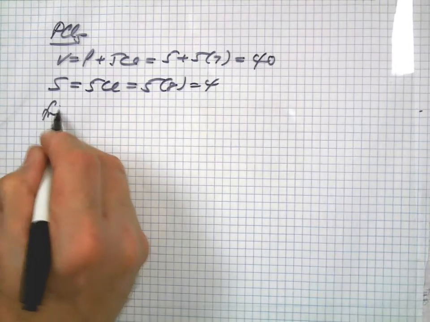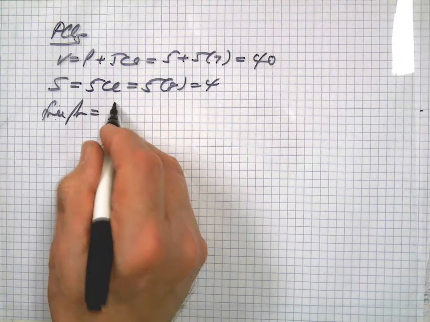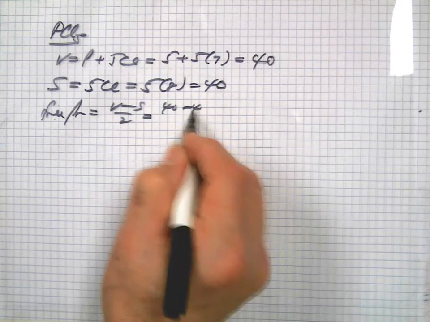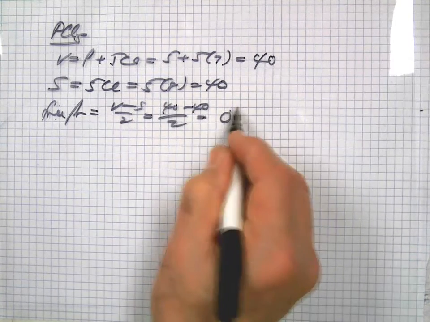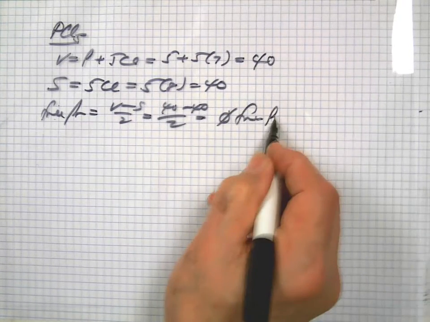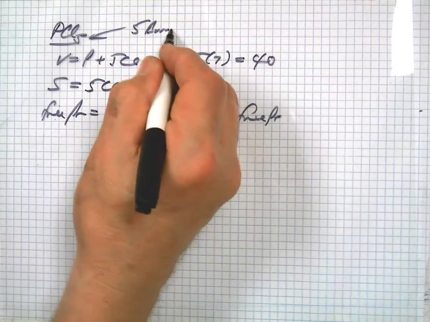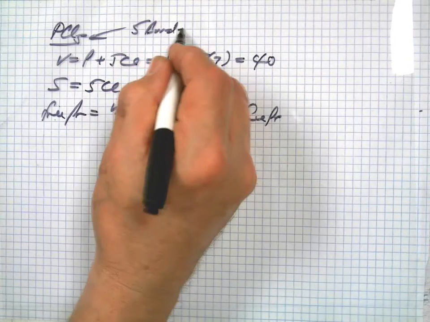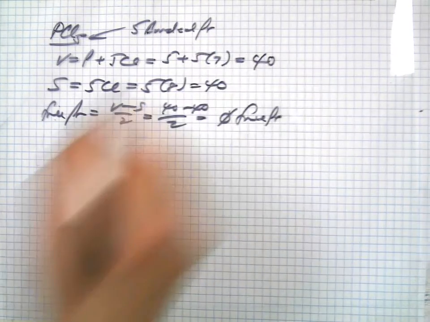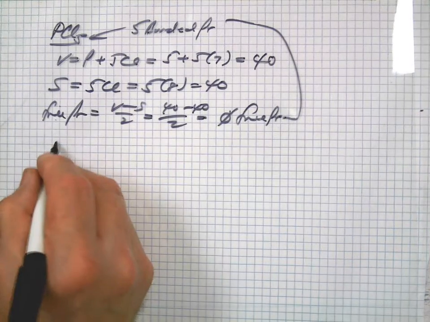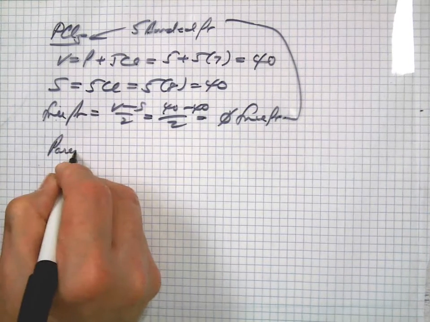And free pair is valence minus substrate over 2, which is 40 minus 40 over 2, which is 0 free pair. Of course, you have 5 bonded pairs from the formula. And so 5 bonded pair and 0 free pair give you a parent geometry.